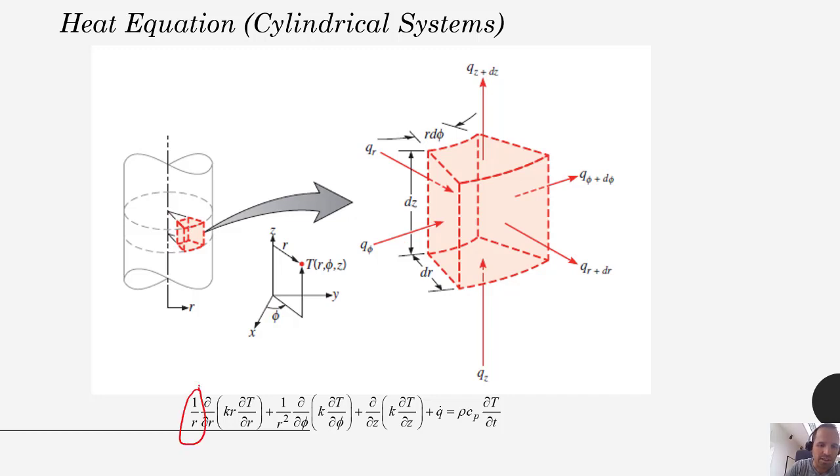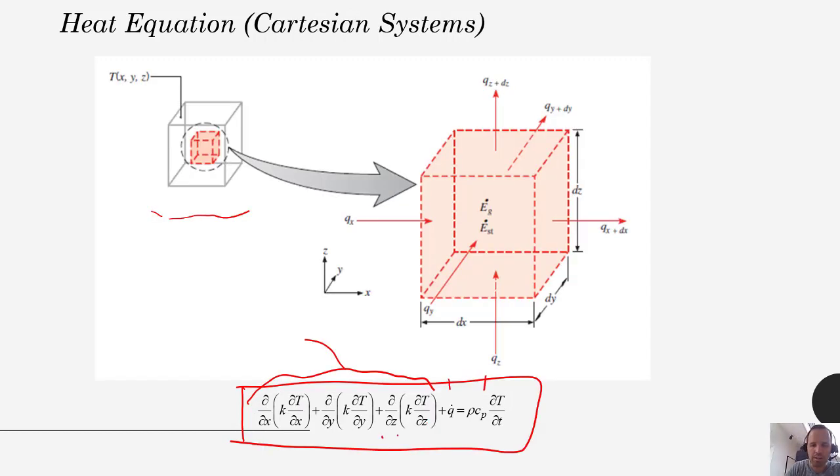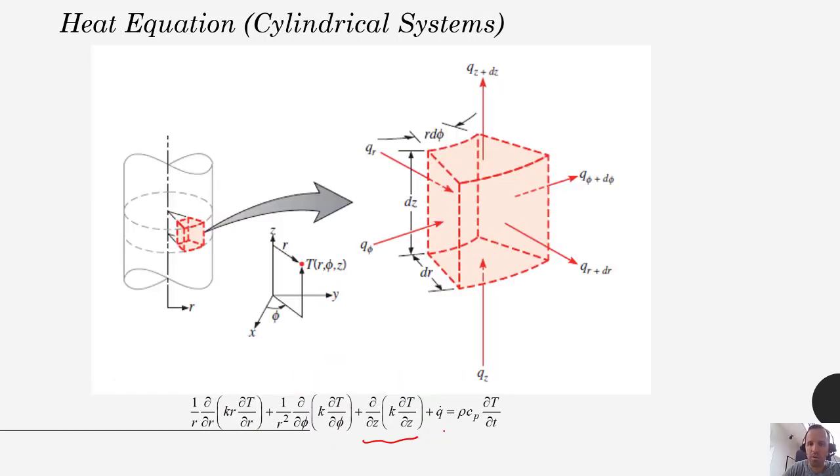So we have this 1 over r outside of the derivative, and then we have another r inside of the derivative. Then in this middle term, we pick up this d phi, and then we have 1 over r squared. These are things that would come out in doing the derivation, but you can see our axial term is pretty much the same as in Cartesian coordinates, because there are really no angles we have to deal with when we're going in this direction.